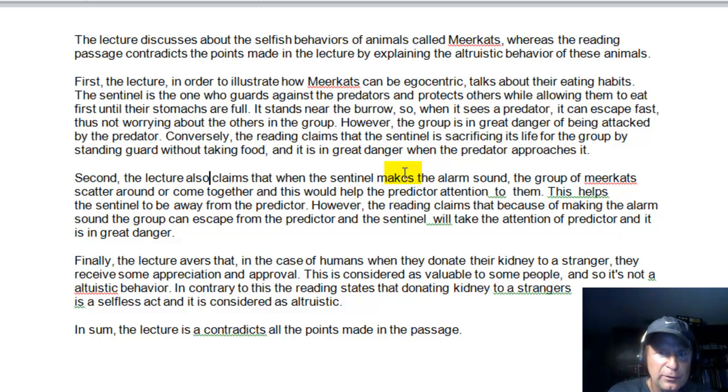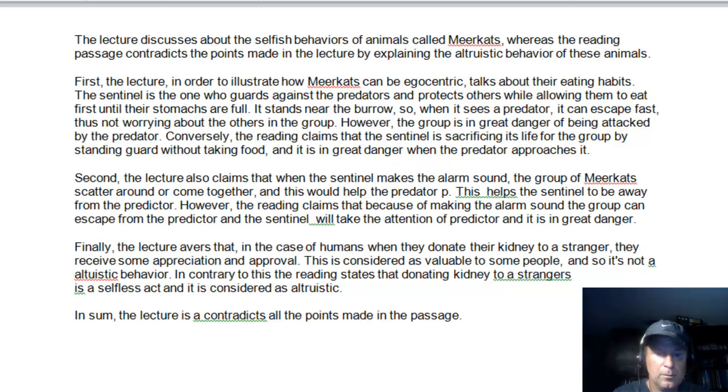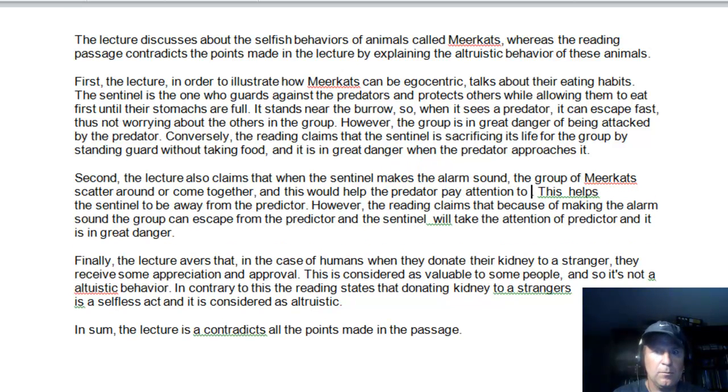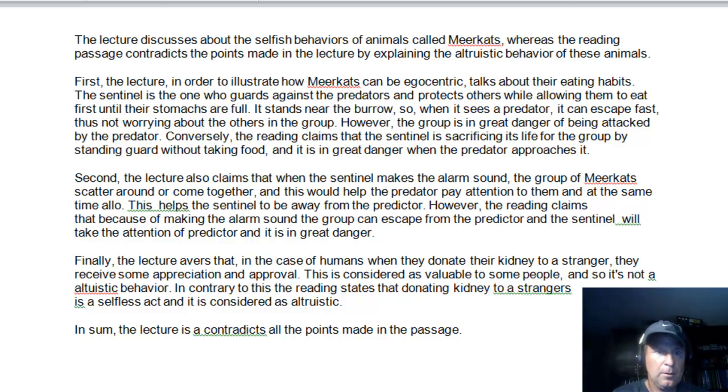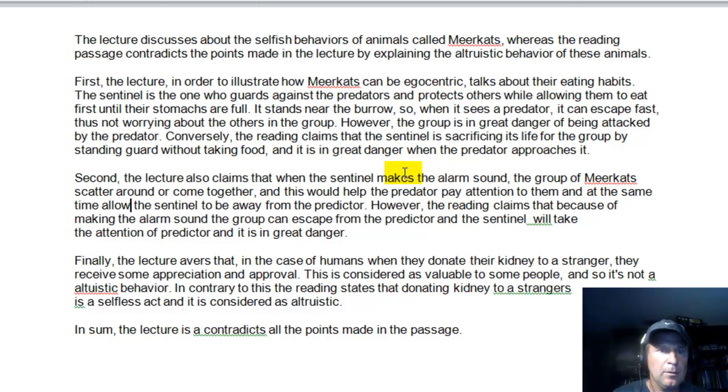So the lecture also claims that when the sentinel makes the alarm sound, the group of Murkots scatter around or come together, and this would help the predictor, and at the same time allow to scurry away.